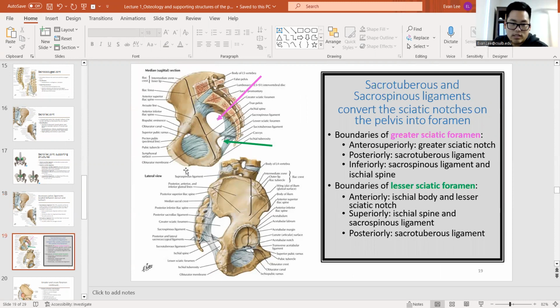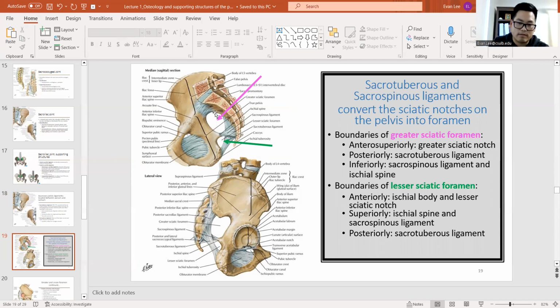Now, using these different ligaments, you're going to be able to see that there are a couple of spaces that are going to be formed. And you can see a couple of landmarks that we also talked about. So this is the back of the ilium, and this large kind of like hook, this is the greater sciatic notch. And the greater sciatic notch is going to form a hole with the ligaments, which is called the greater sciatic foramen.